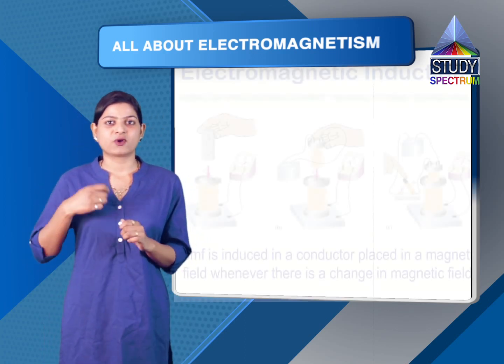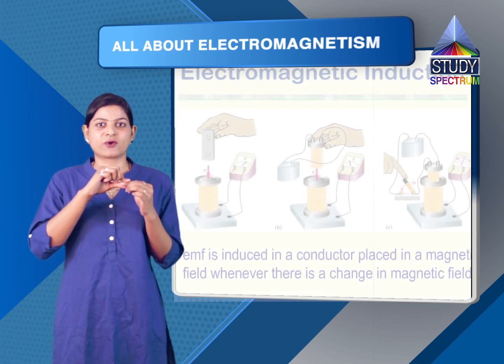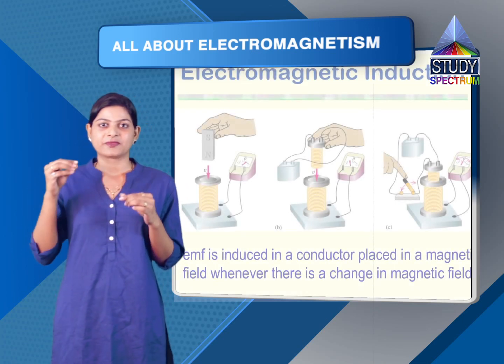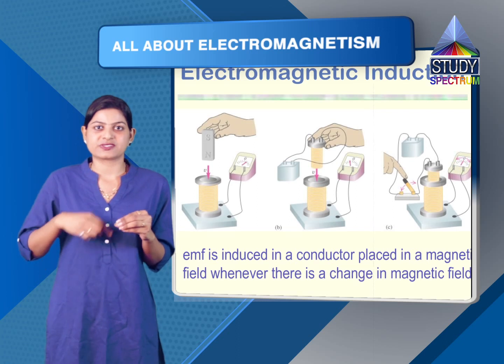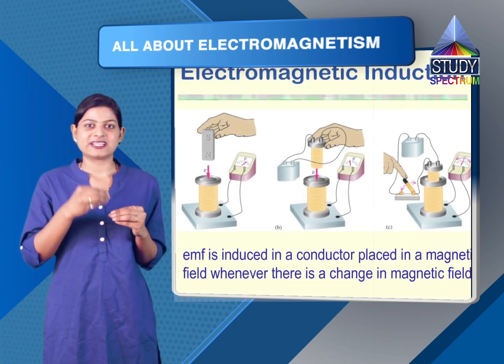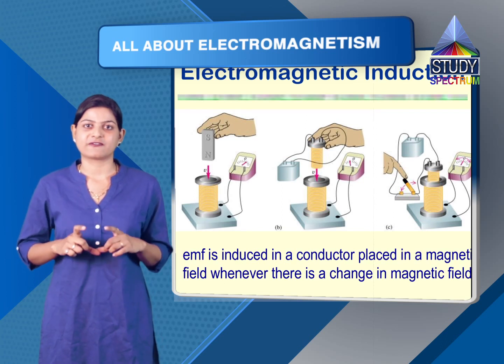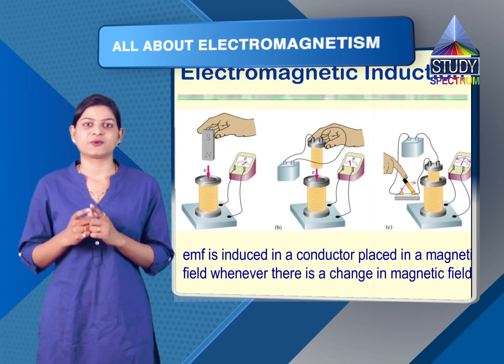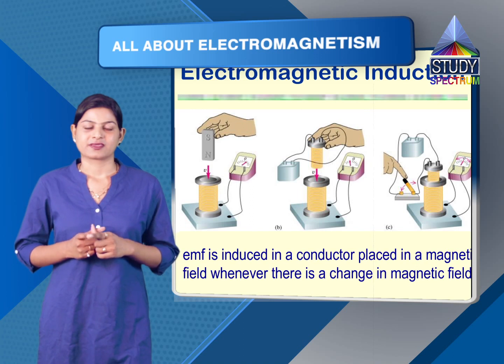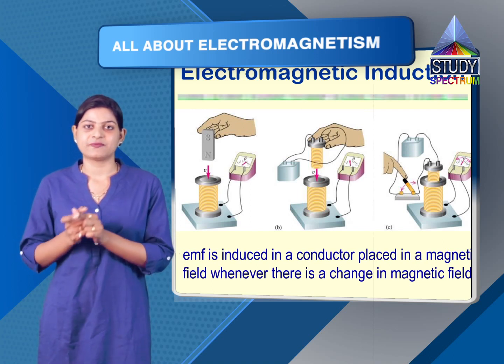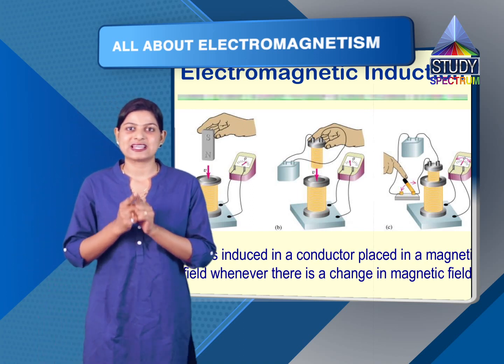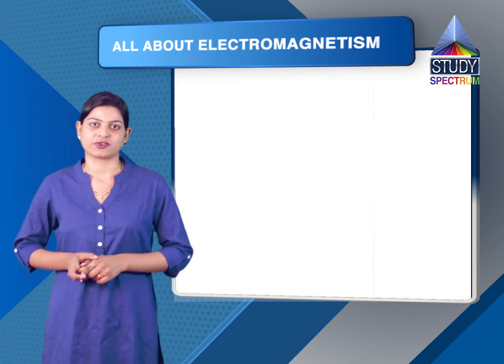Whenever we coil a current carrying conductor, the magnetic field which is around the wire gets induced inside the metallic body, and because of that it gets converted into a magnet. This is the induced magnetism, and the process is called electromagnetic induction.